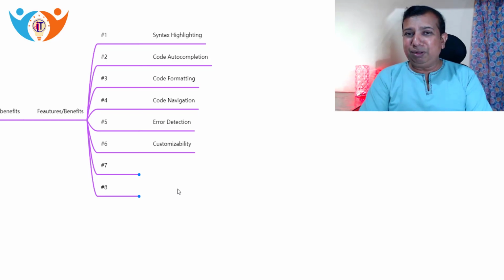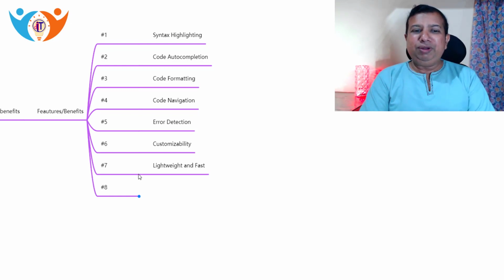We can add additional plugins, and we can align windows in a different structure so that it will be easy to write the code, to check the code, and to test the code. Number 7 benefit is that it is lightweight and fast. All code editors are comparatively very small in size and they are fast in working.